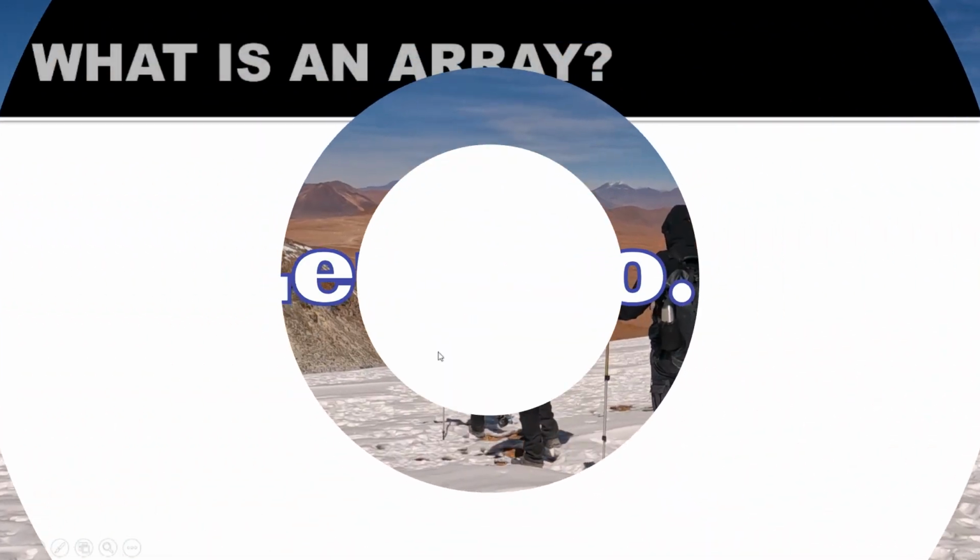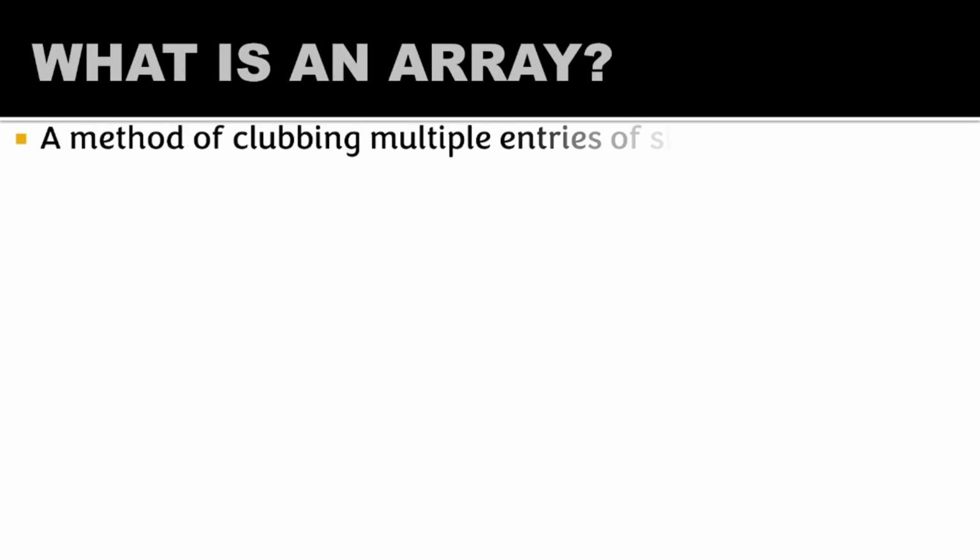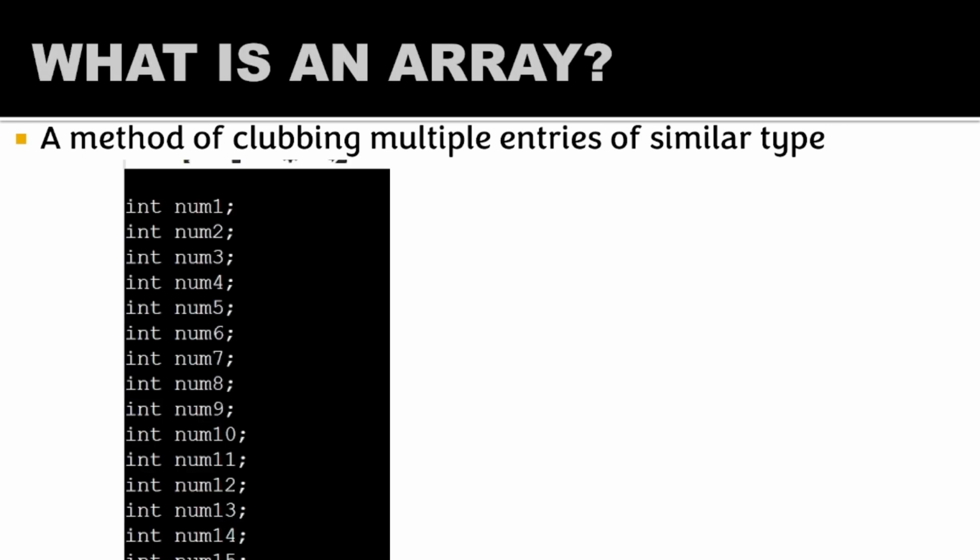So let's define array first. What's an array? It's a method of clubbing multiple entries of similar type. As we have seen in this video, if you have been asked to enter multiple values of the same type, let's say 100 integer values, you will create 100 integer variables.